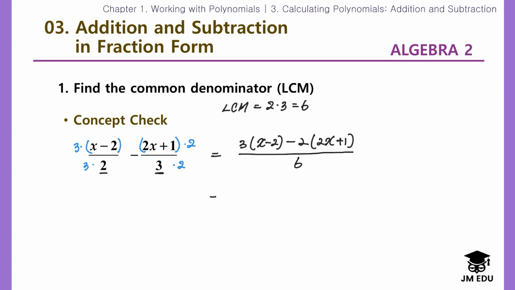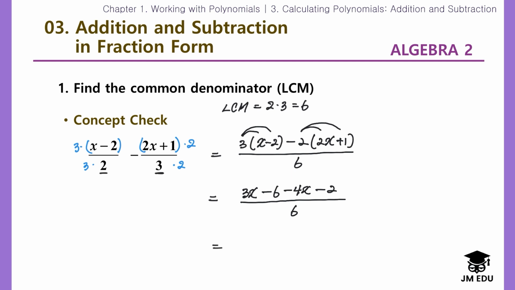So let's simplify the numerator. 3 times x, that's 3x. 3 times minus 2, minus 6. Minus 2 times 2x, minus 4x. Minus 2 times 1, that's minus 2, right?